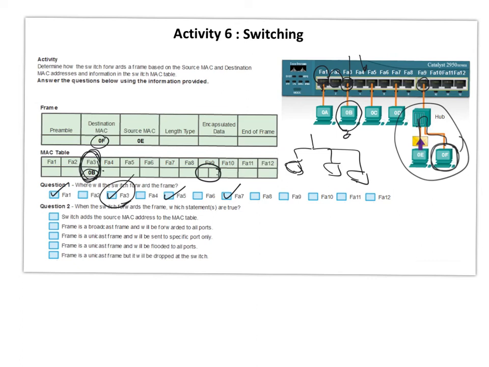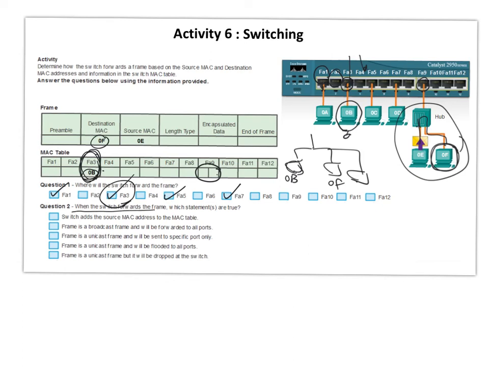Just the fact that I have 0B connected to port 3 doesn't mean that I don't have other nodes connected to port 3. So maybe this is 0B, and this is in fact 0F. I don't know. The switch doesn't know, and that's why the switch has to flood the frame to all connected ports except the one it came from, and this is a rule that applies all the time.